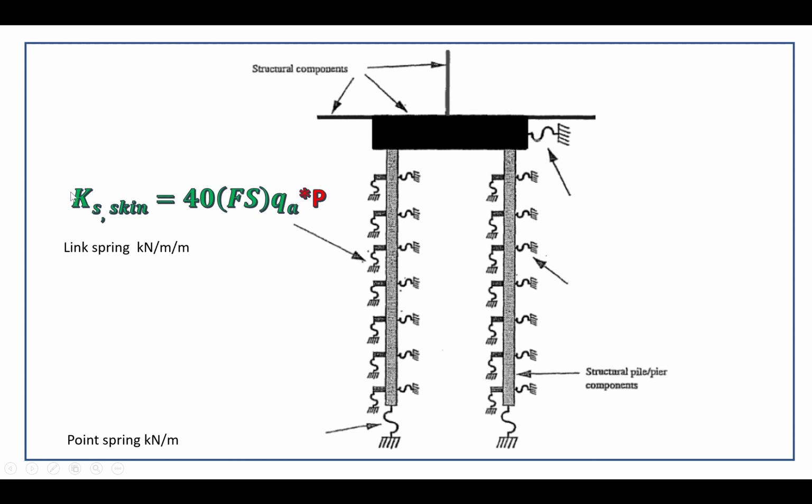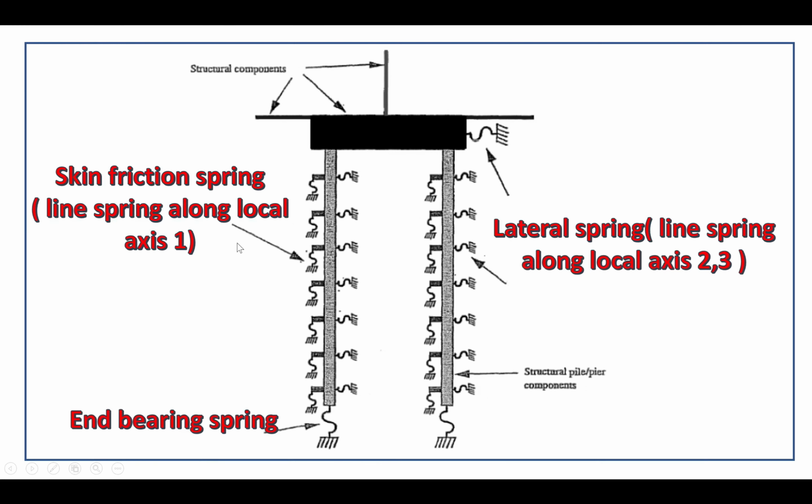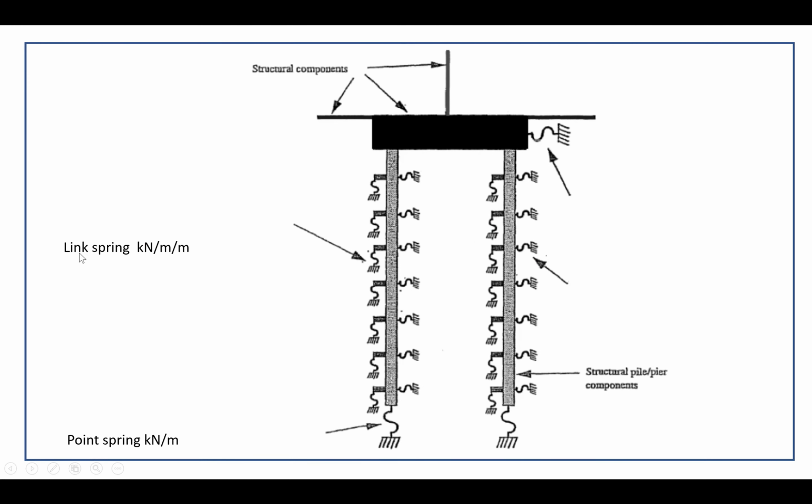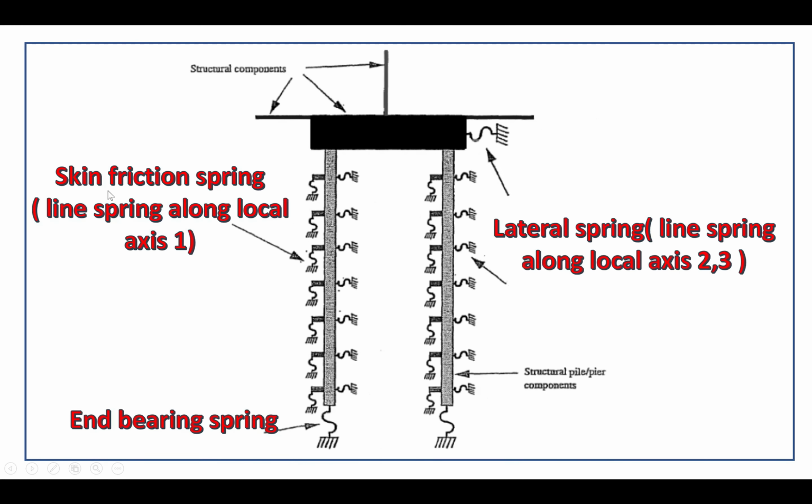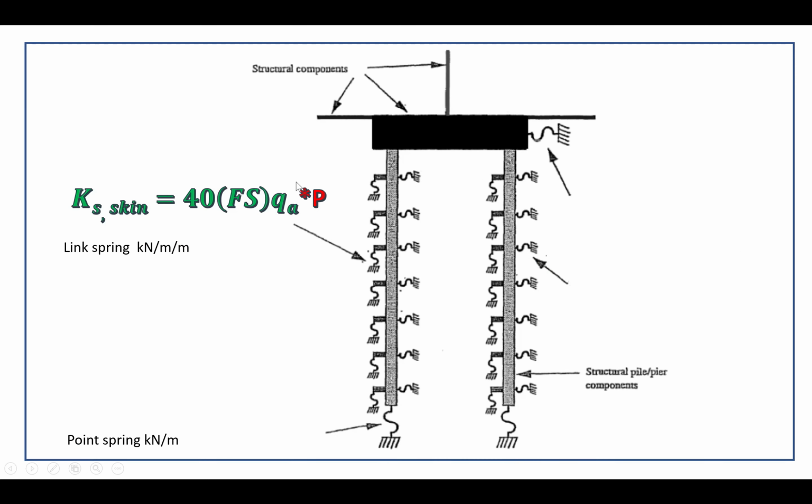After you get this skin friction, you can use it for the line spring by multiplying with the perimeter of the bored pile.